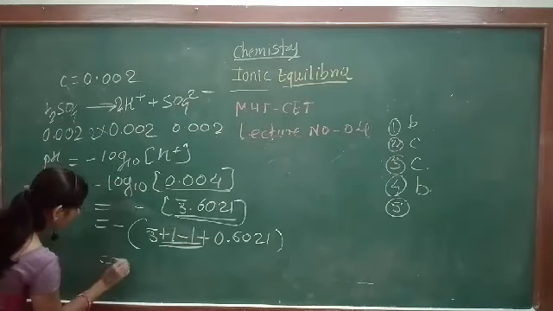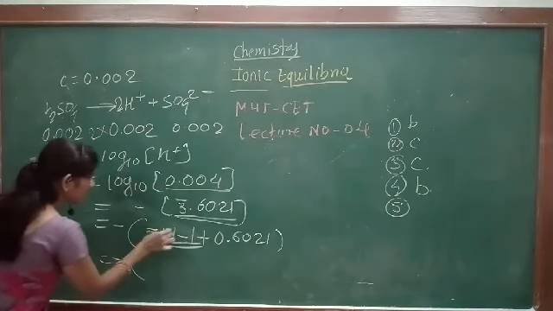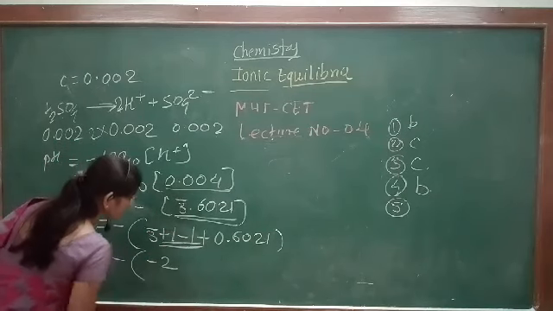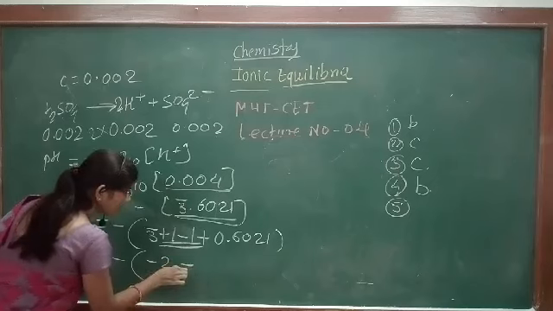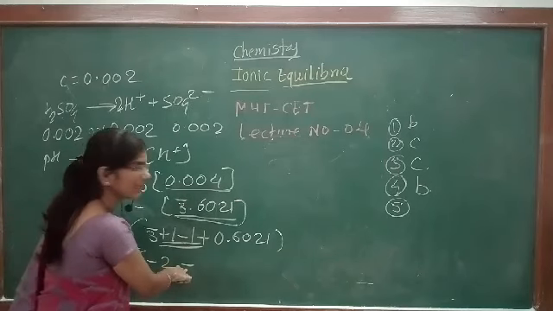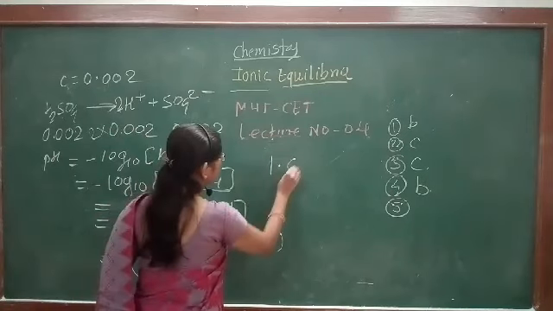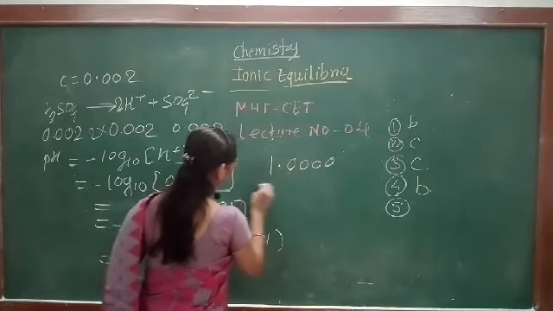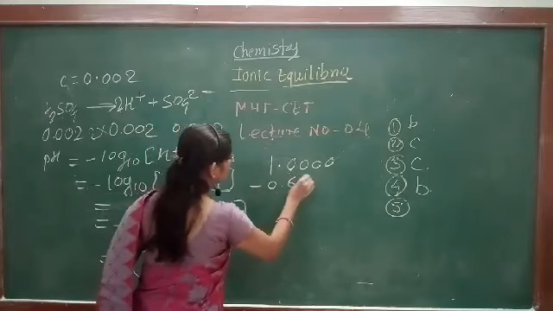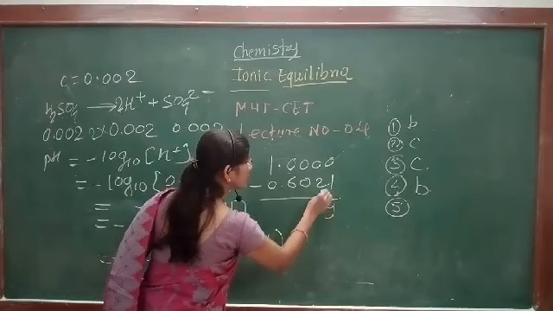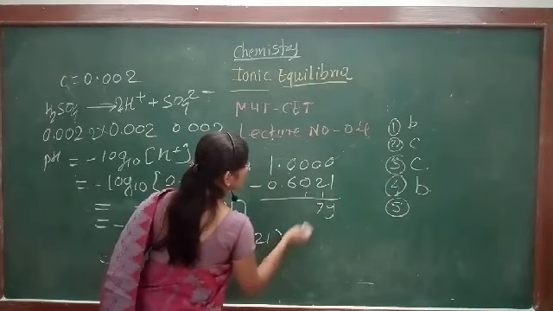Then what is our answer? Minus 3 plus 1 is minus 2, minus 1 plus 0.6021, with the sign of the bigger number. Then 1.0000 minus 0.6021. From 10, 1 goes, carry, 9.